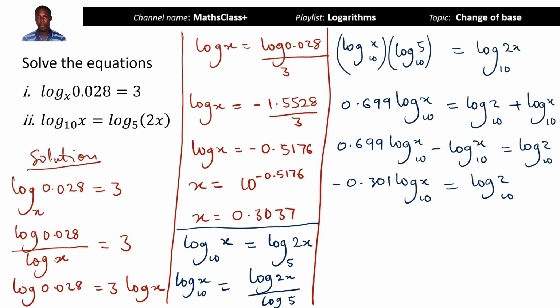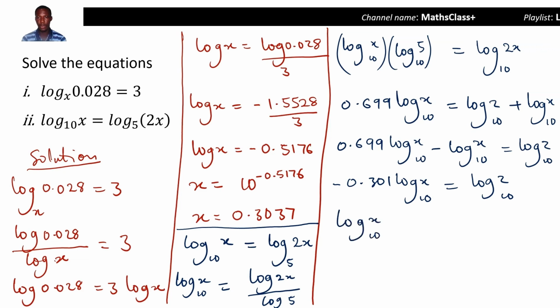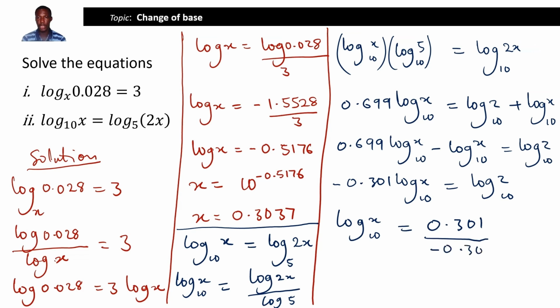Okay, so from here I can also find the value of log 2 to the base 10 and then do the division. So log x to the base 10 will be equal to log 2 to the base 10, which should be 0.301, and I'm dividing by negative 0.301.